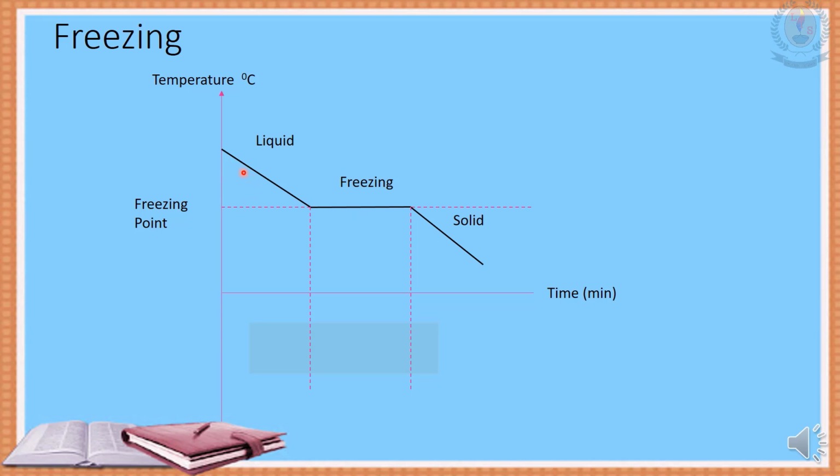Now, when the particles' energy decreases, they are moving very slowly. Since they are moving slowly, the attractions between particles will increase. Therefore, the attractive forces in between particles are very high and strong. The forces of attraction between the particles get stronger.